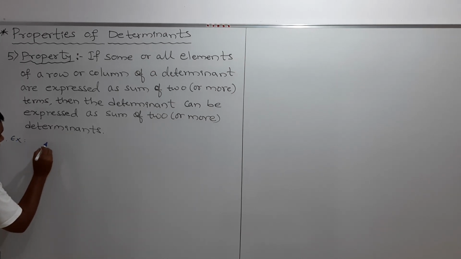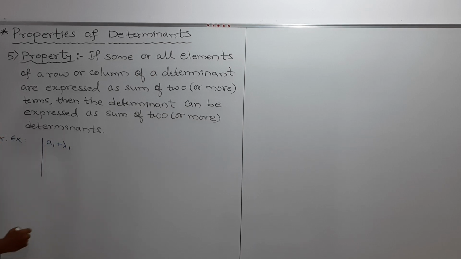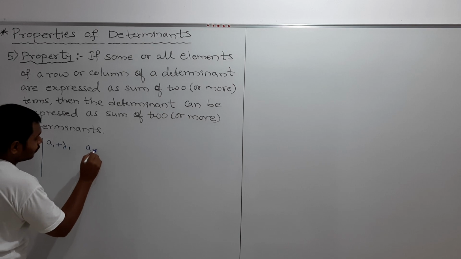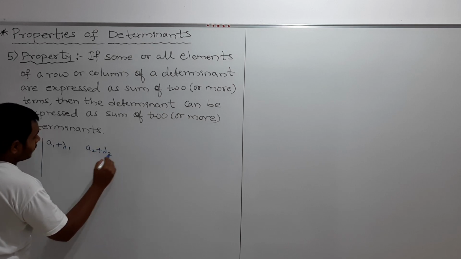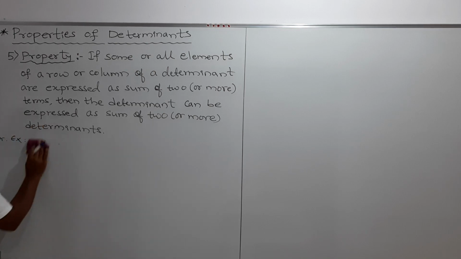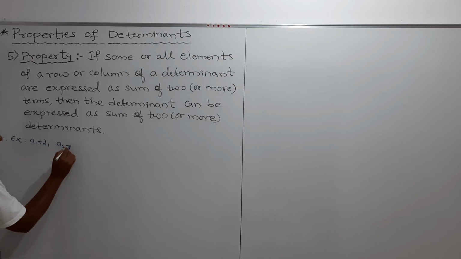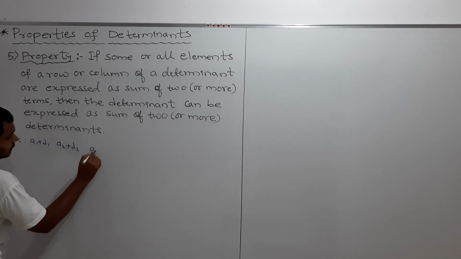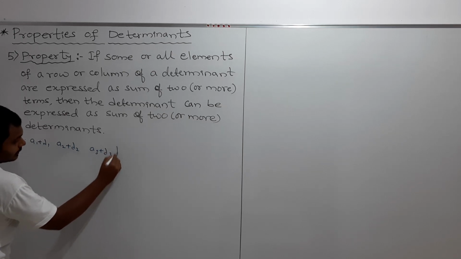In this example I am considering the determinant with first row a1 plus lambda 1, a2 plus lambda 2, a3 plus lambda 3.